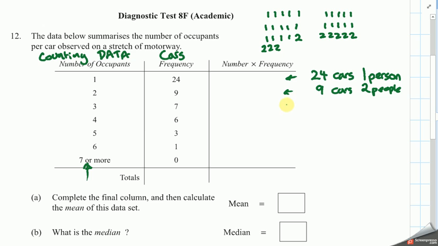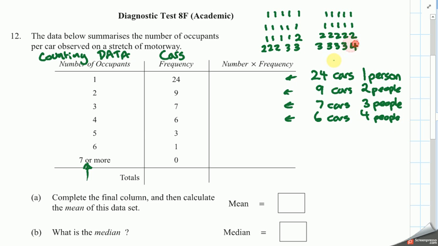Next line, 7 cars with 3 people. We have 6 cars with 4 people. Oh, I missed out one of the 3s.